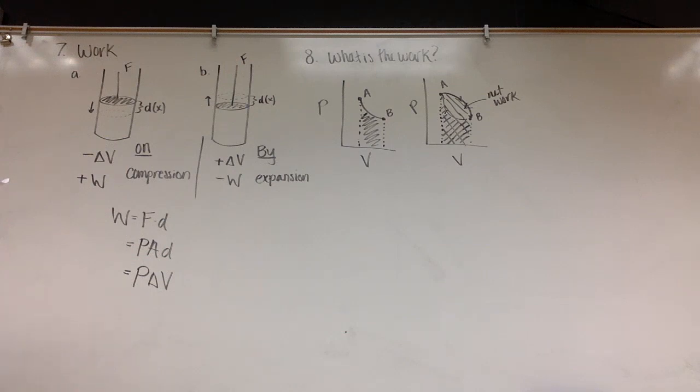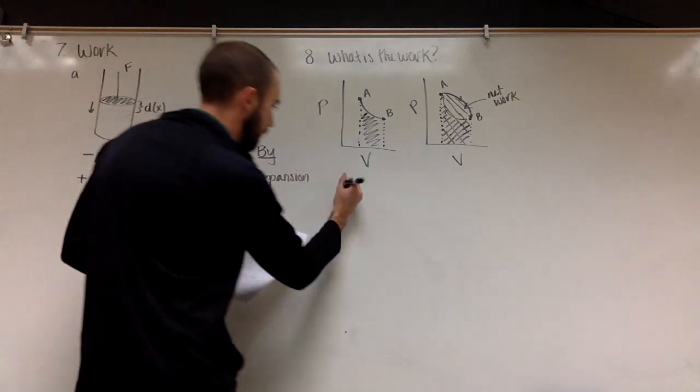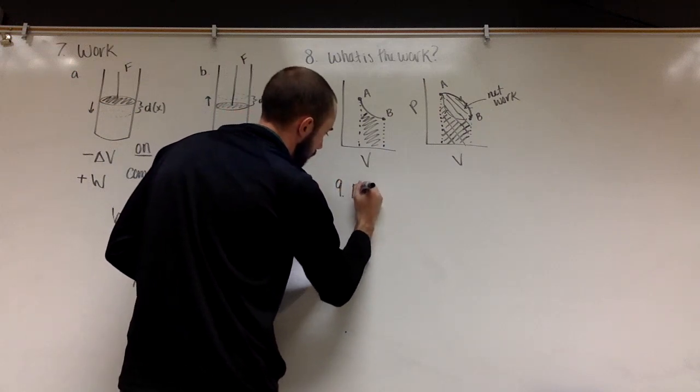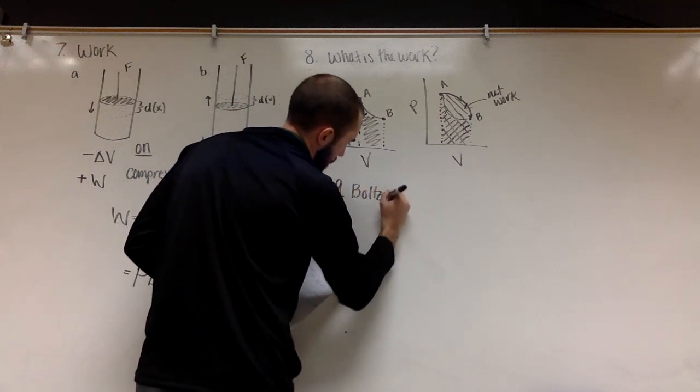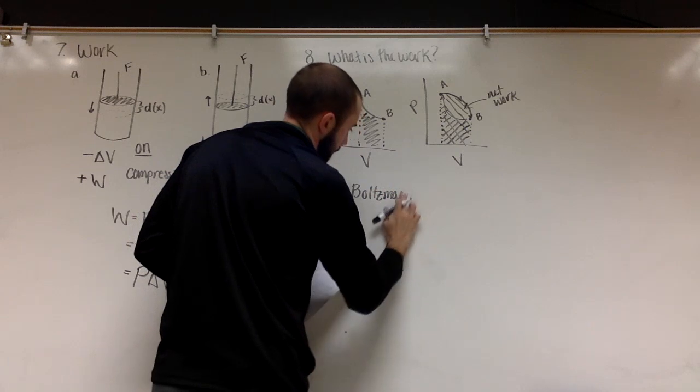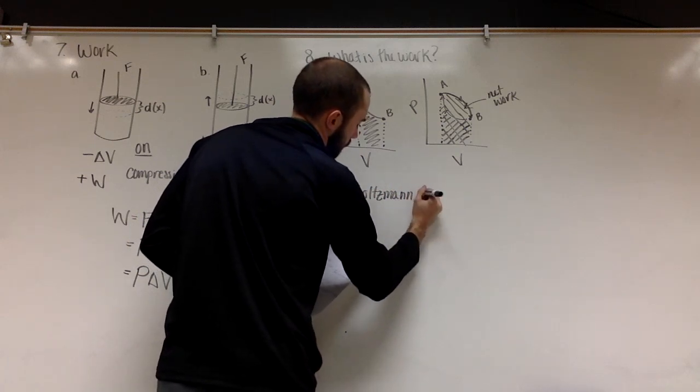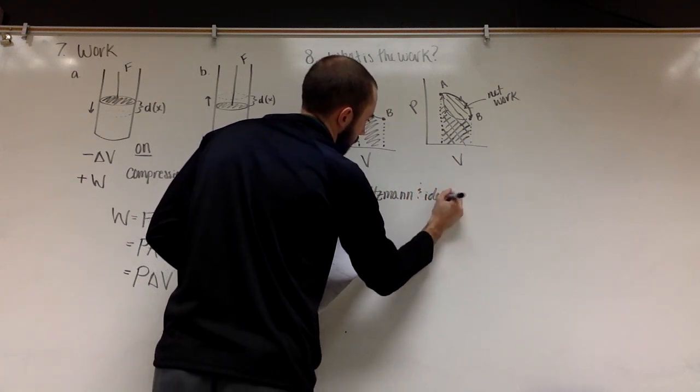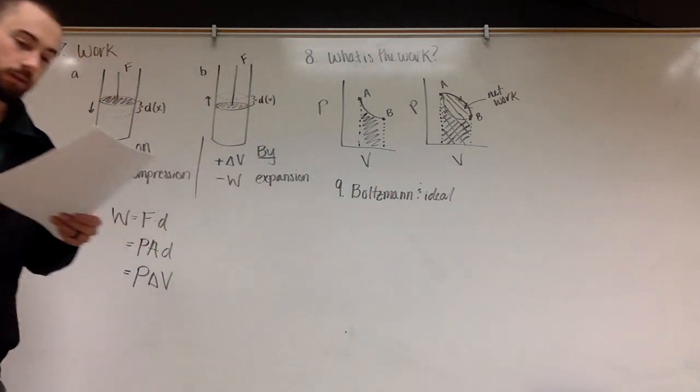So now let's derive the internal energy equation, and we're going to derive it from the Boltzmann equation and the ideal gas equation. So let's do that. We will have Boltzmann and ideal.